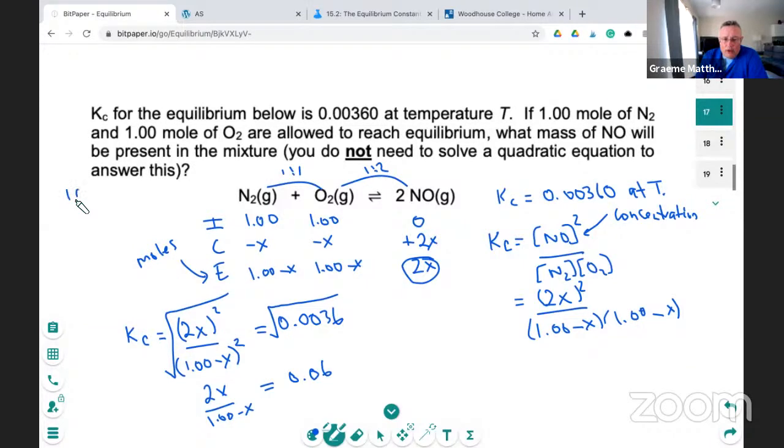If volume is not given, make it easy on yourself: just put down V equals 1. It's the same round bottom flask, a closed system with a stop on it, so I'm just going to do over 1. So I set my V equal to 1.